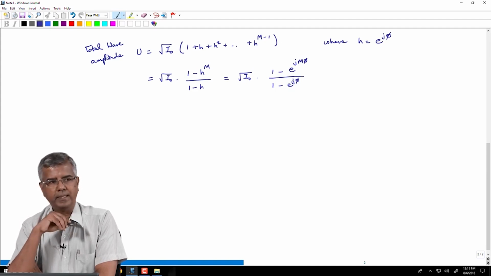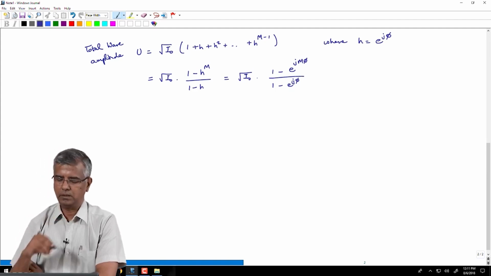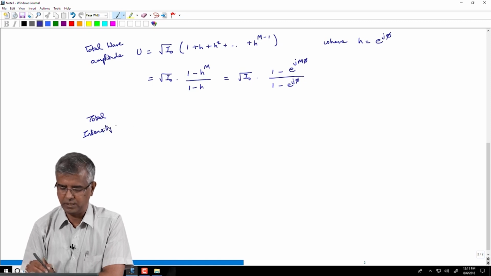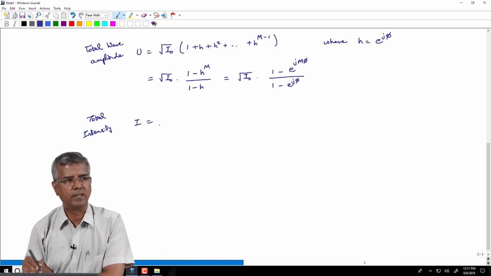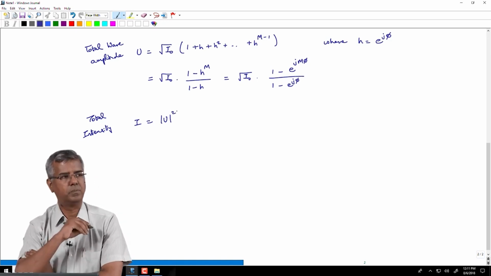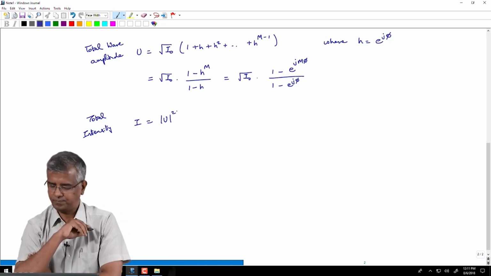Now, what we are interested in is the total intensity, that is what we are observing at that observation plane. So, the total intensity I is what? It is the magnitude of u square.